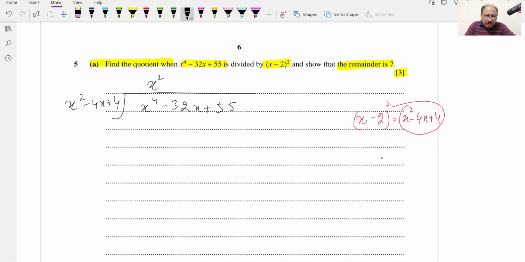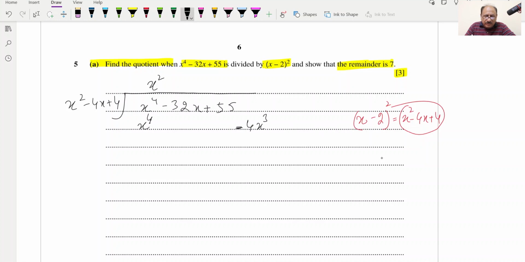So this will be x², and we'll get x⁴. Then we'll multiply x² by −4x, and we will get −4x³.